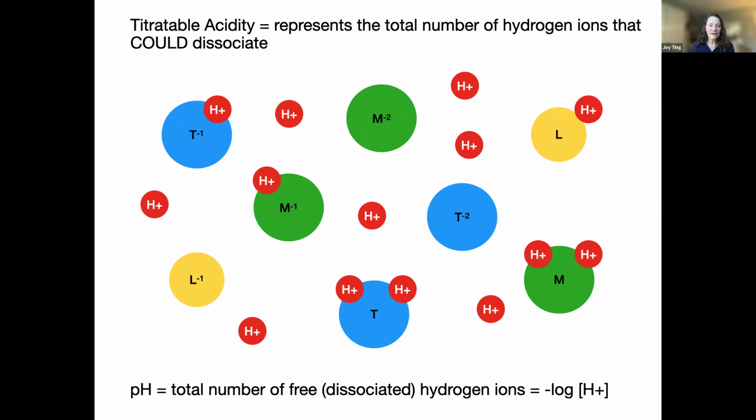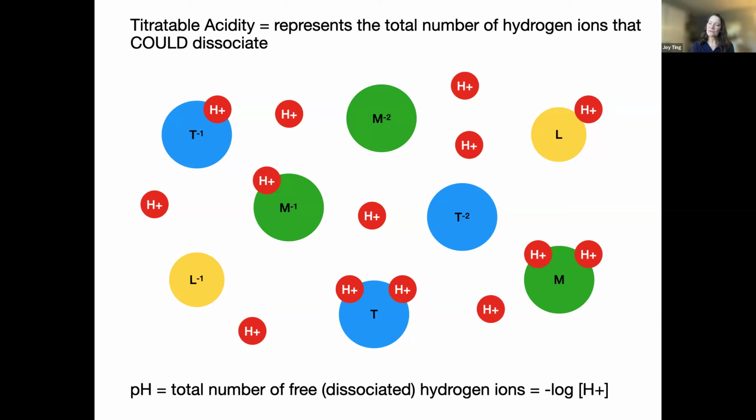So if we think about our pH and our TA that way, we can compare tartaric acid and malic acid, which are both diprotic acids. They probably have a similar impact on the titratable acidity of the wine, because both of them have 2 hydrogen ions that could contribute if they were all stripped out.